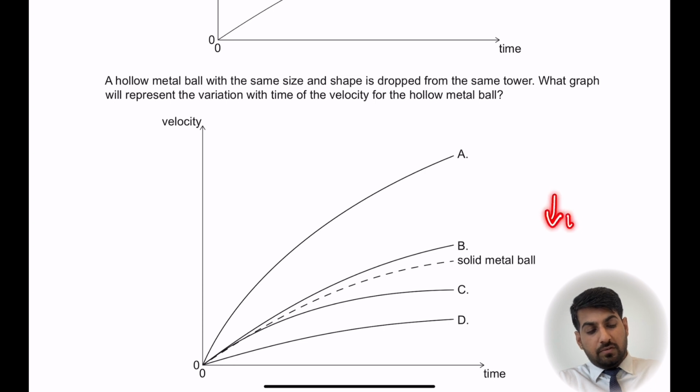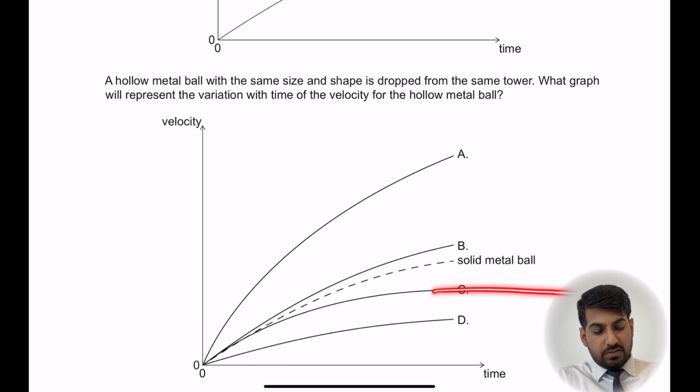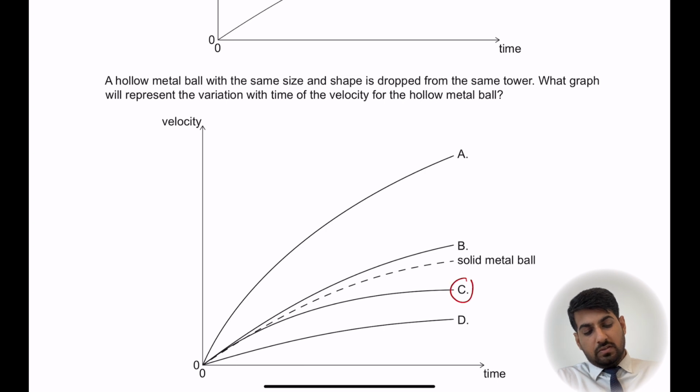The weight of the hollow ball will be less, so air resistance will balance out the equation more quickly, so it will reach the terminal velocity more quickly than the solid ball. So option C.